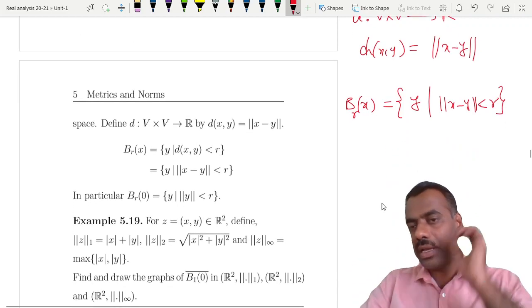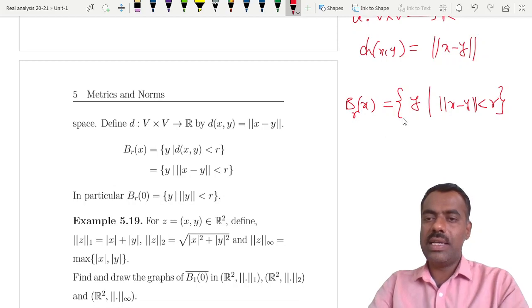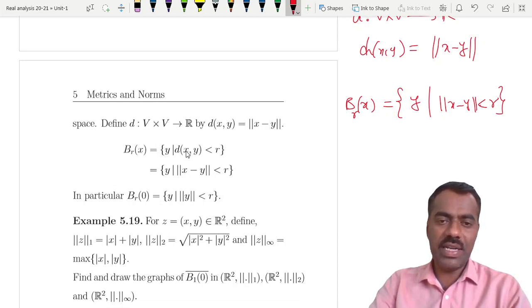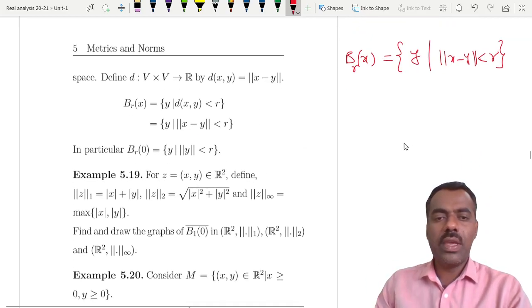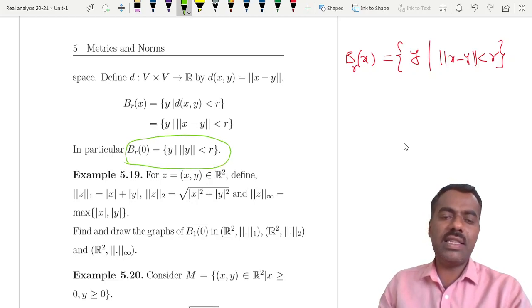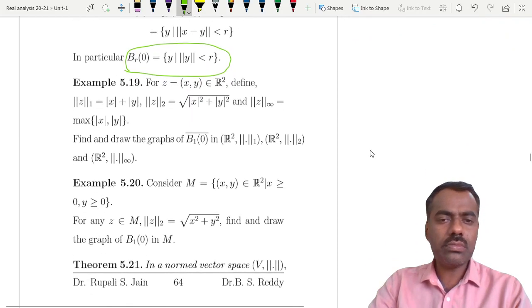So in a normed linear space, open balls are the y such that norm x minus y is less than r, and in a metric space, d of x comma y is less than r, and so on. In particular, the ball around 0 of radius r is nothing but all elements whose norm, or whose length, is less than r. Okay, fine. These are some of the examples.